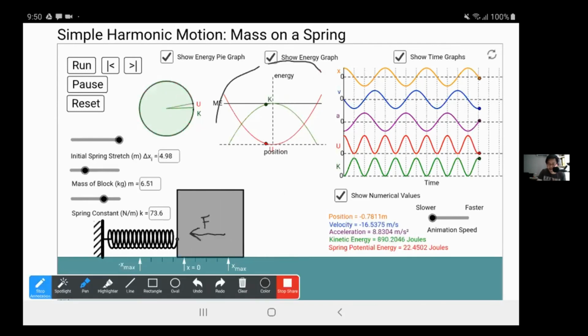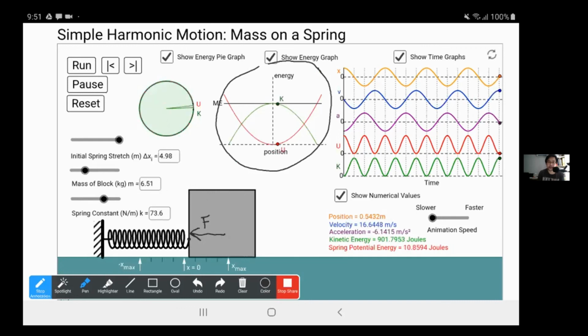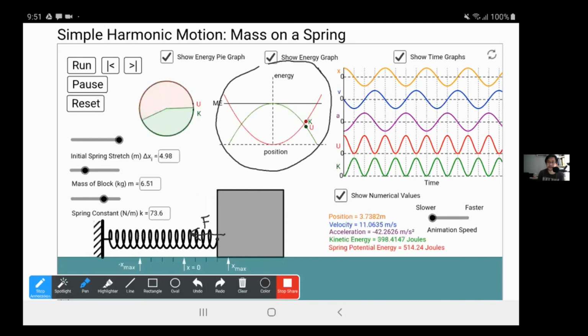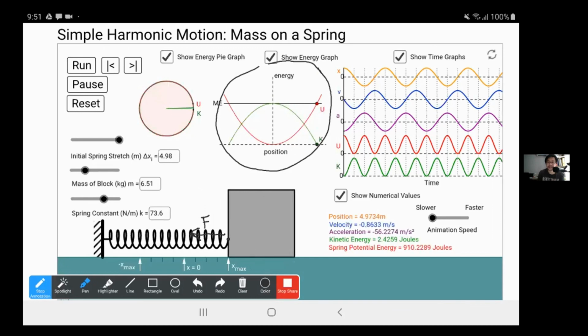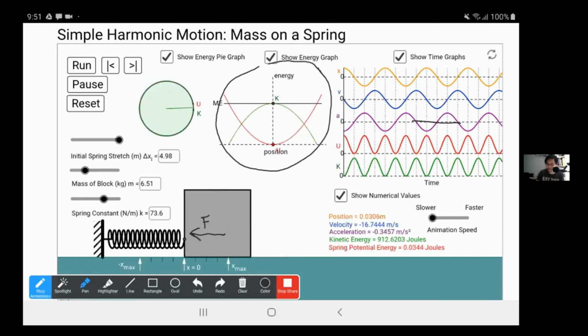The energy stays the same at all times, but it's back and forth between kinetic and potential.